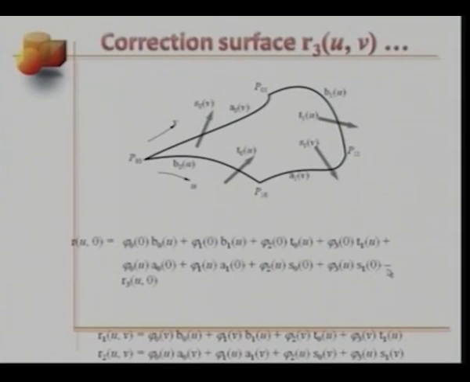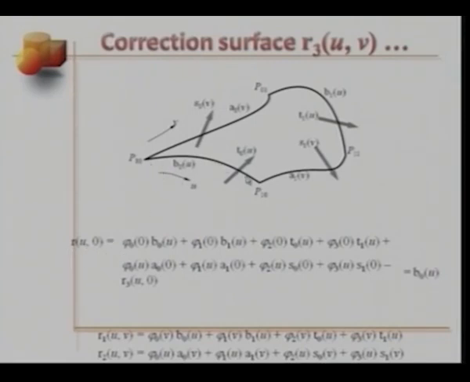And of course, we are subtracting the correction surface R3 of u and now V equals 0. As I mentioned, the expressions will be quite intricate. And what is our u for v equals 0?